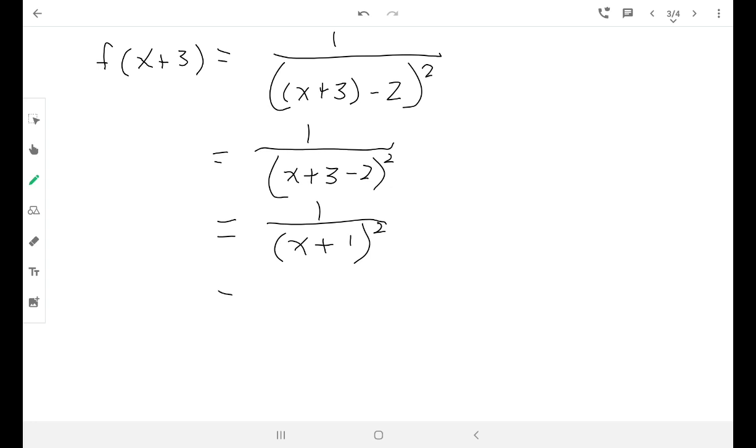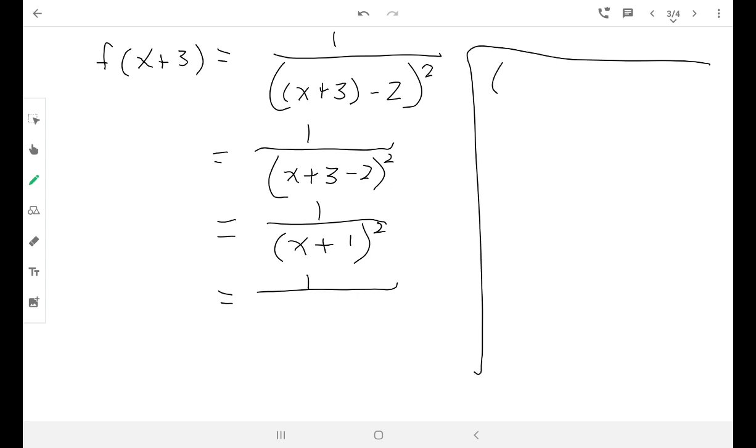And then, let me do some side work here. X plus 1 all squared. That means x plus 1 times x plus 1 again.